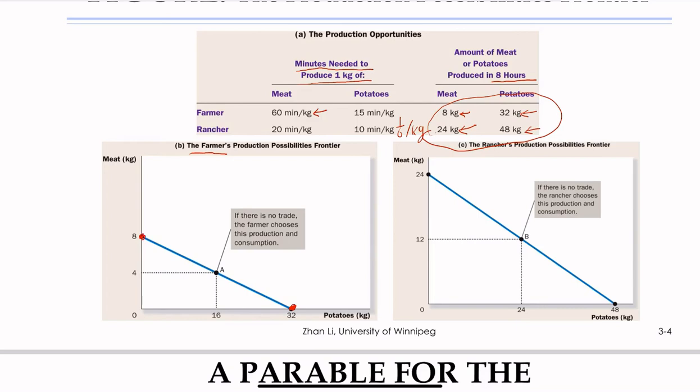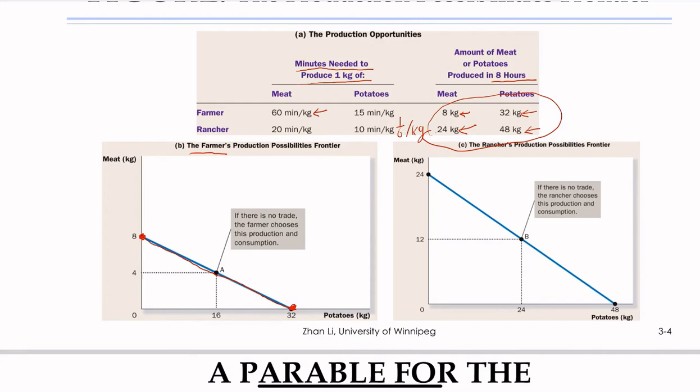For simplicity, let's assume the frontier is just a straight line. So in this case, we will have this straight line frontier. That's basically the farmer's production possibilities frontier. Similarly, we could talk about the rancher's production possibilities frontier.